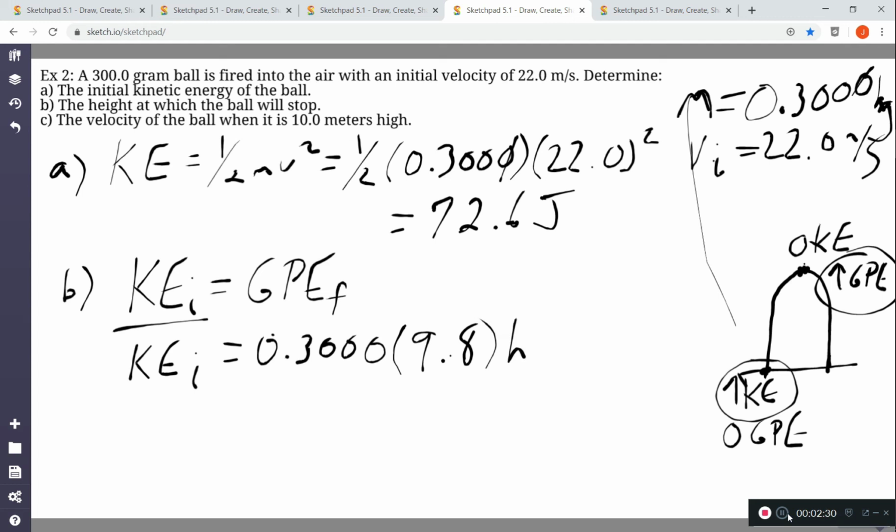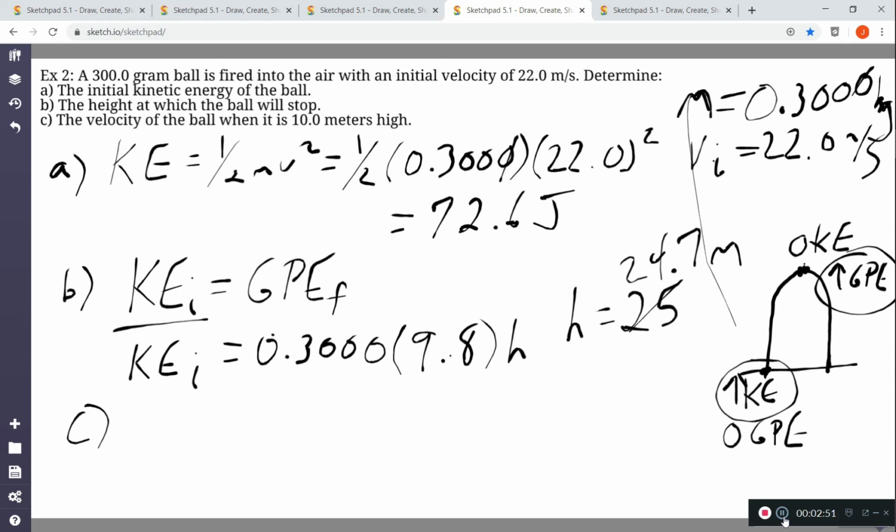So we simply solve for h here, and we will get a height of, we have 3 sig figs here, so 24.7 meters. And that was rounded.